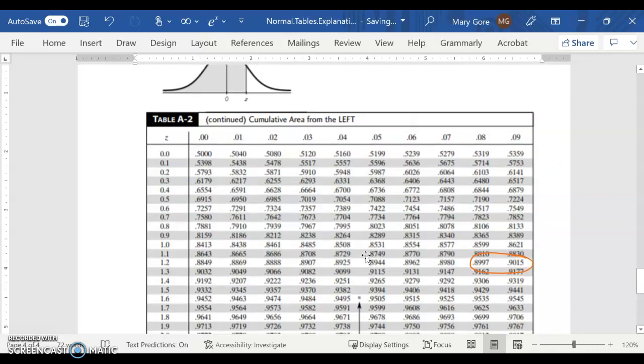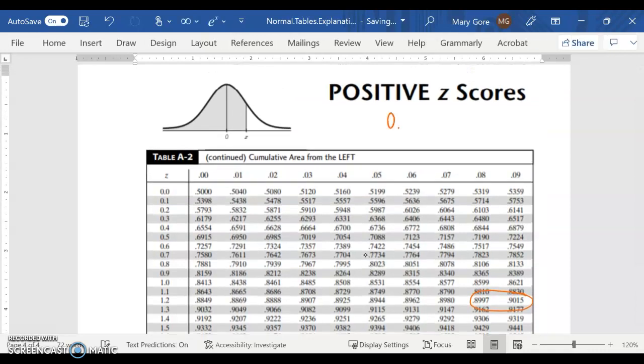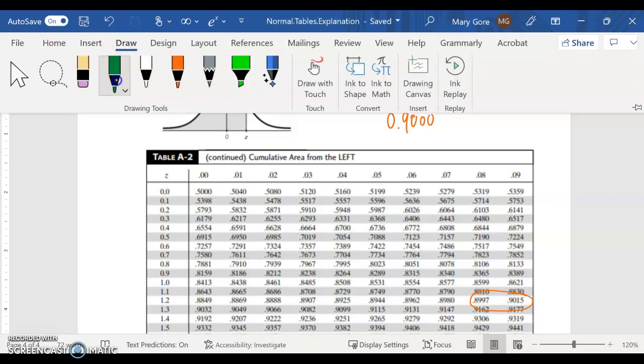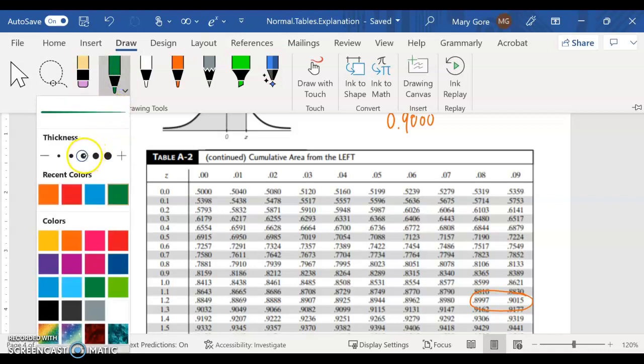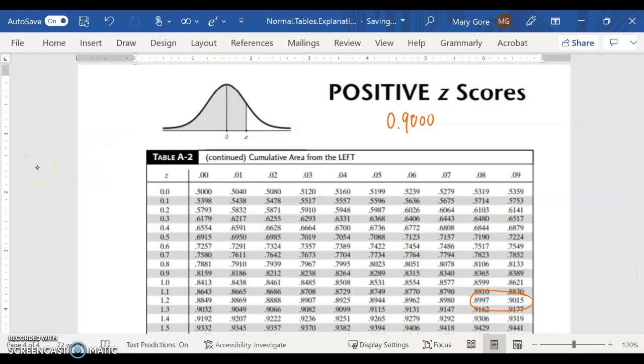I'm trying to get as close as possible. This is the 90, but I'm going to put 2 more zeros on it to feel like the values inside. I'm going to land on the 0.8997, believe it or not. That's the one I think is the closest.